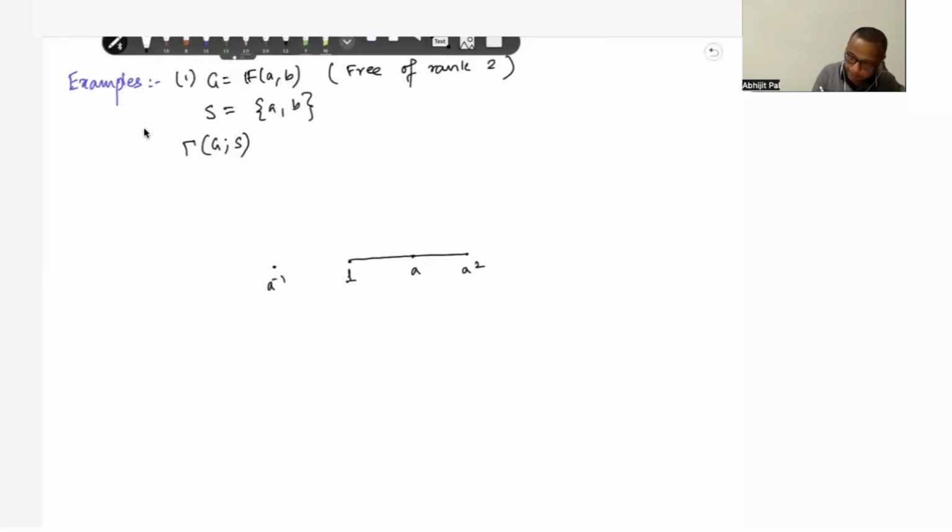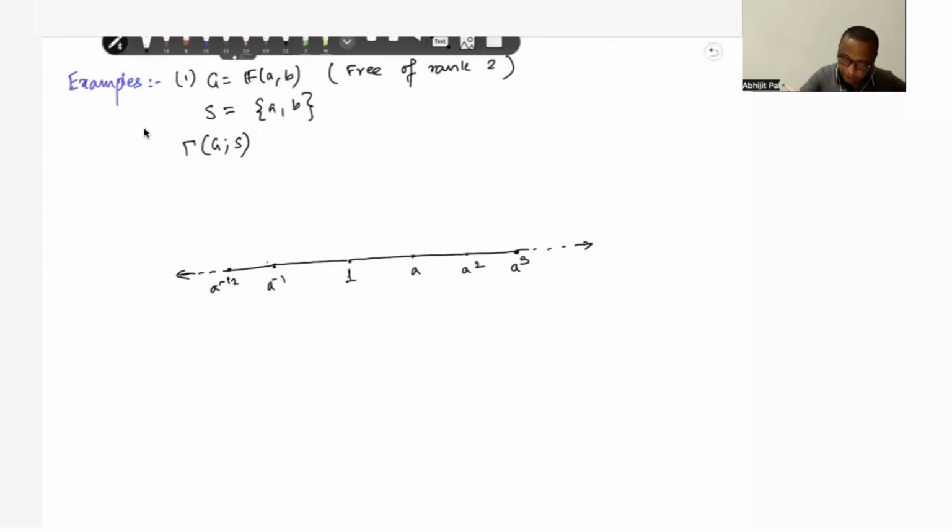Between a inverse and 1, there will be an edge. And you can continue this process. Between a squared and a cubed, there will be an edge. So you'll get a line corresponding to the cyclic subgroup generated by a.